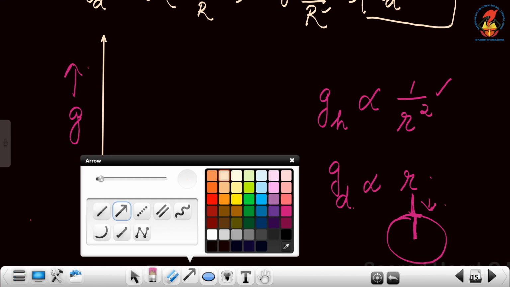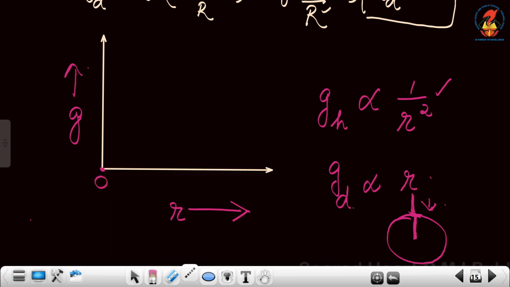So let us see how we are going to plot this in the graph. Consider these points to be R by 2, 2R, etc. As the distance from the center of the earth increases to the surface, we know g is directly proportional to r, so we will get a straight line.